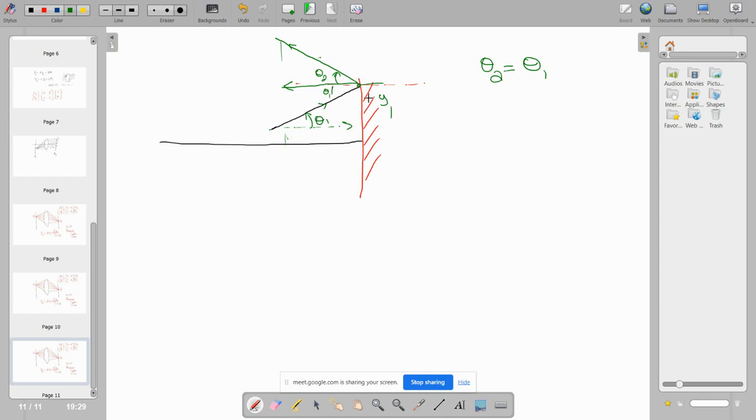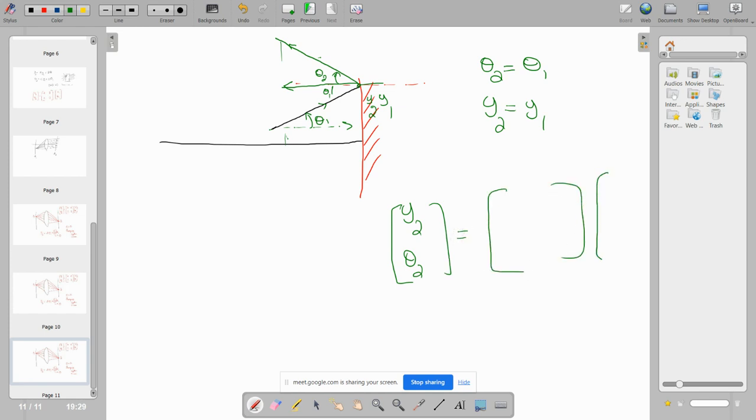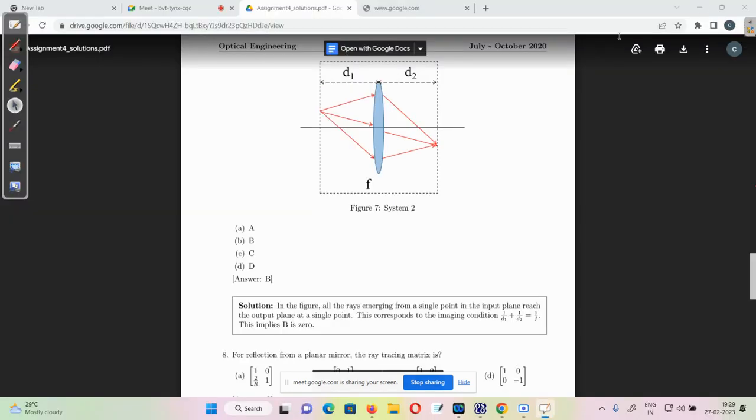Just after emerging, it will be the same height, y2. So y2 is equal to y1, theta 2 is equal to theta 1. If you want a matrix, y2 theta 2 equals the matrix times y1 theta 1. If you want theta 2 to be theta 1, this row should be 0, 1. And if you want y2 to be y1, the row should be 1, 0. So you will get a transfer matrix as 1, 0, 0, 1.